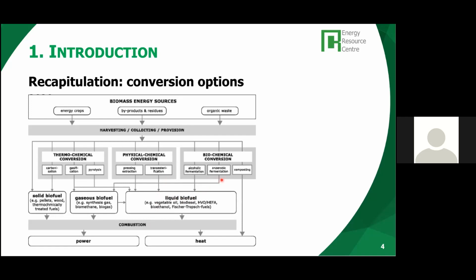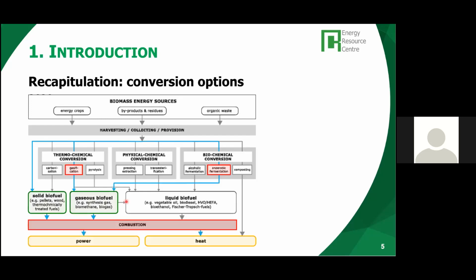And we have biochemical conversions, and that includes fermentation, alcoholic fermentation yielding liquid, anaerobic fermentation yielding biogas, and there's, in principle, composting, which produces heat. Now, depending on the type of intermediary product, it can be converted to power and heat.